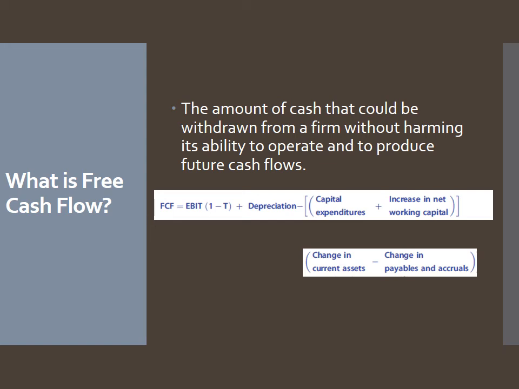The EBIT multiplied by 1 minus the tax rate is the after-tax operating income that would exist if the firm had no debt and therefore no interest payments. And depreciation is added back because it is a non-cash expense.